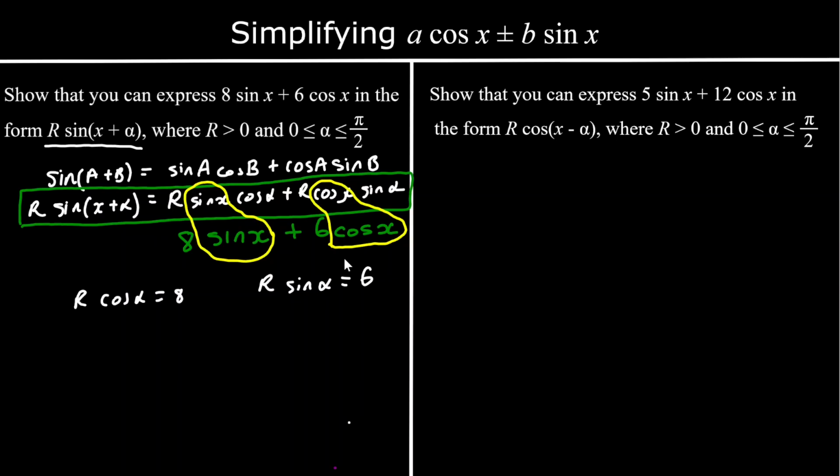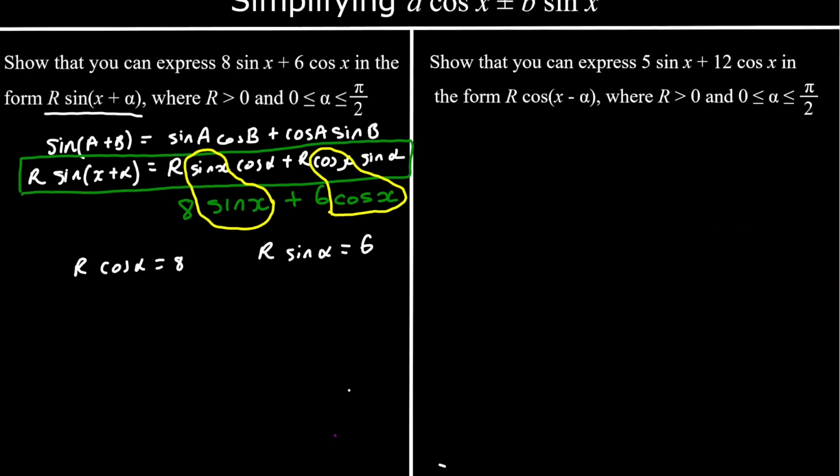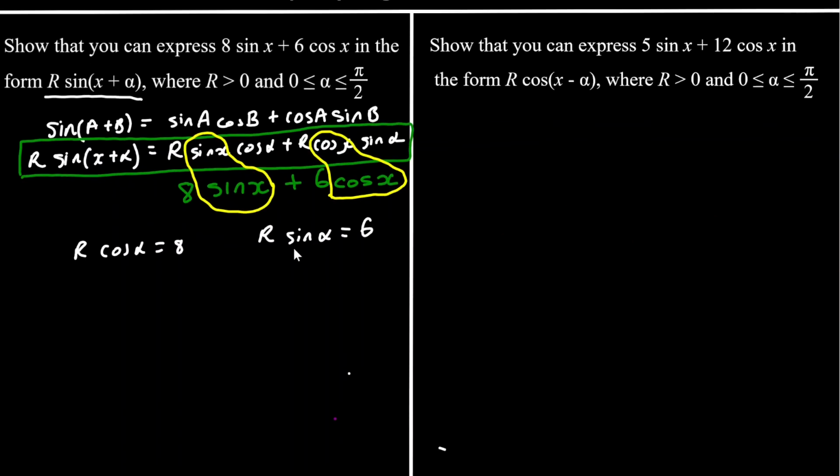To find alpha, we do the sine one divided by cos, because sine over cos makes tan, and the r's will cancel out. So this equation over this equation, r sine alpha over r cos alpha equals 6 over 8. The r's cancel out.